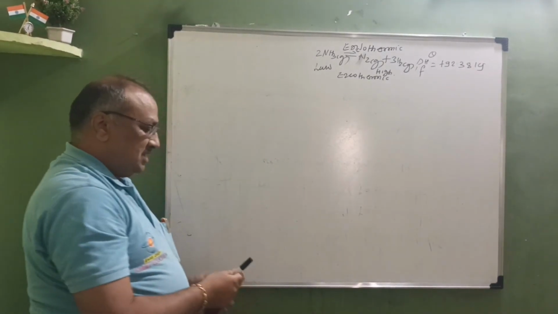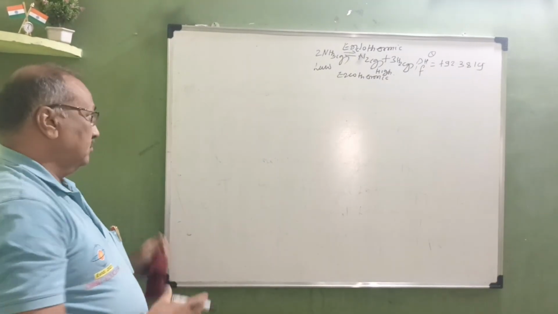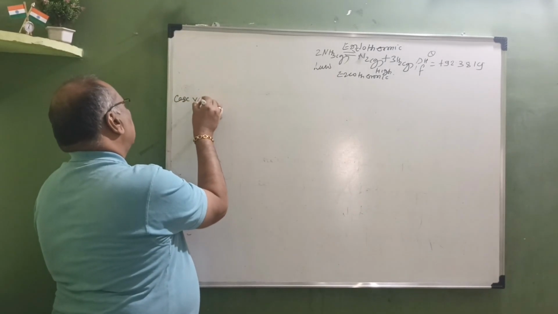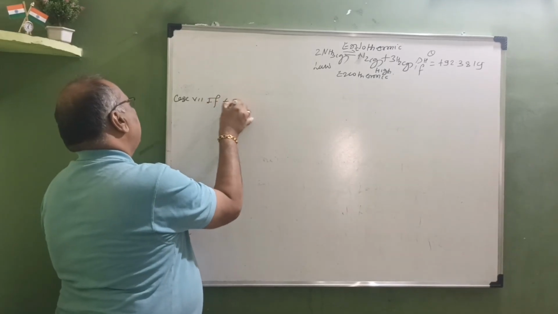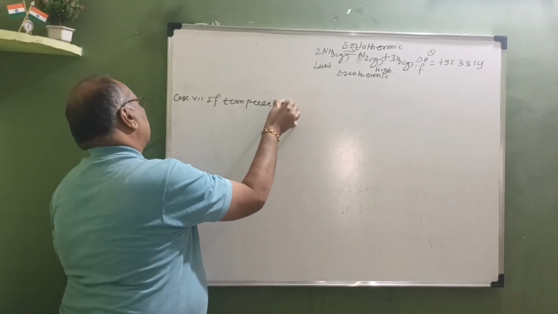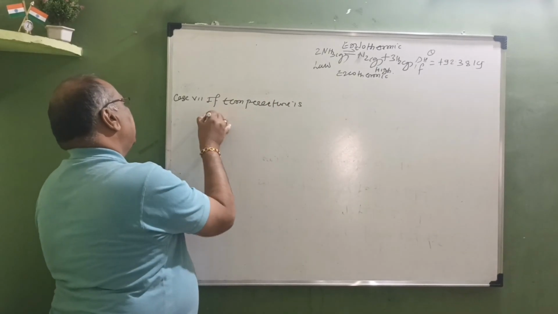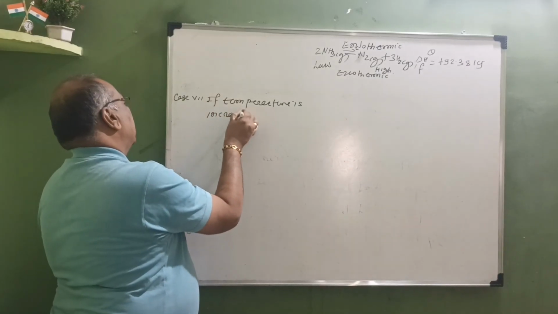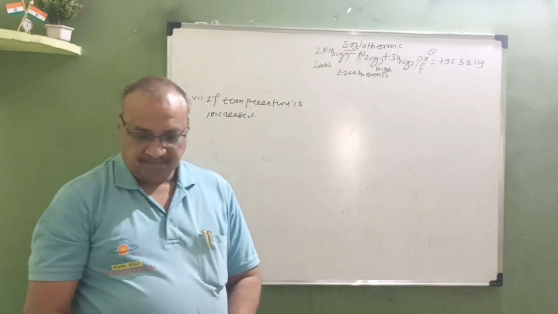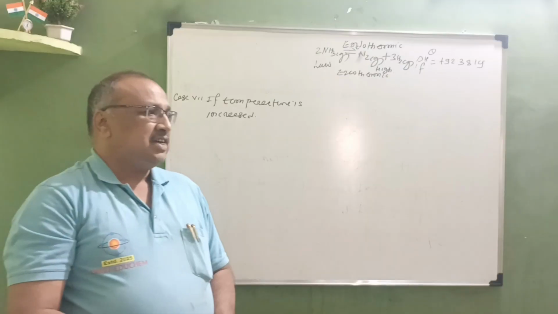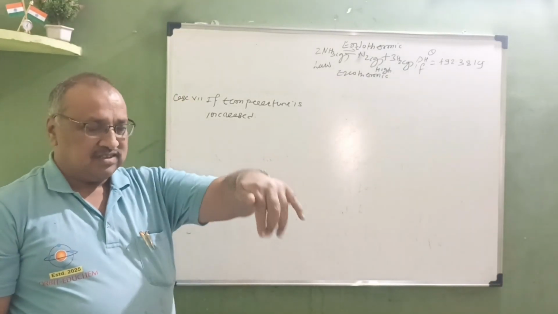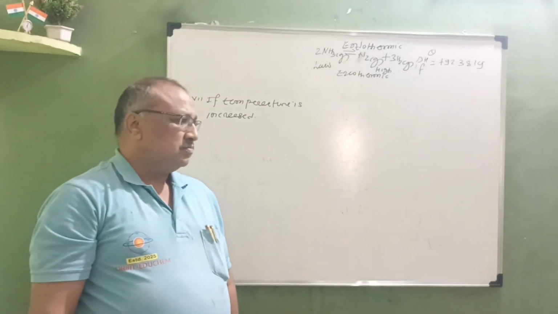Then write down case 7. If temperature is increased, temperature is increased means equilibrium of this reaction will shift in the direction in which heat is absorbed.